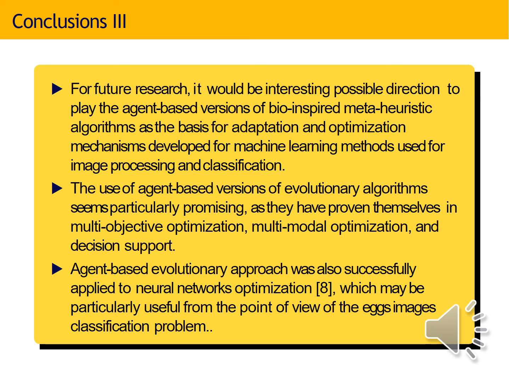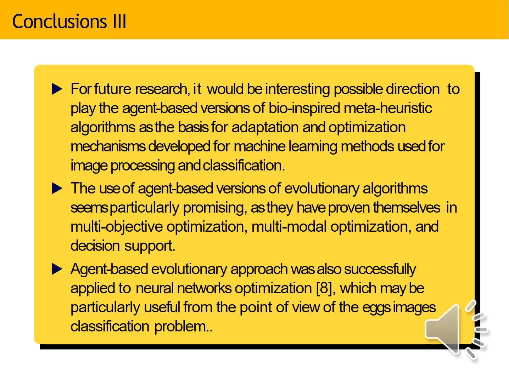For future research, a possible interesting direction would be to apply agent-based versions of bio-inspired meta-heuristic algorithms as a basis for developing adaptation and optimization mechanisms for the machine learning methods used for image processing and classification.